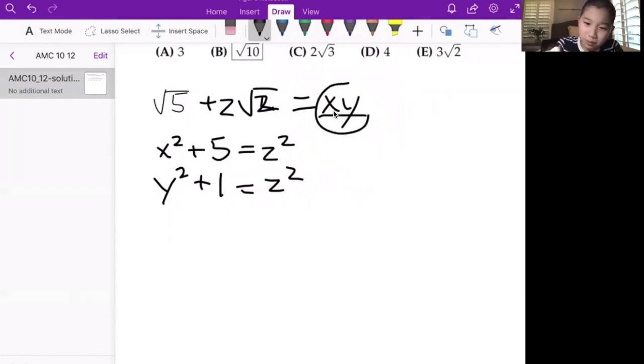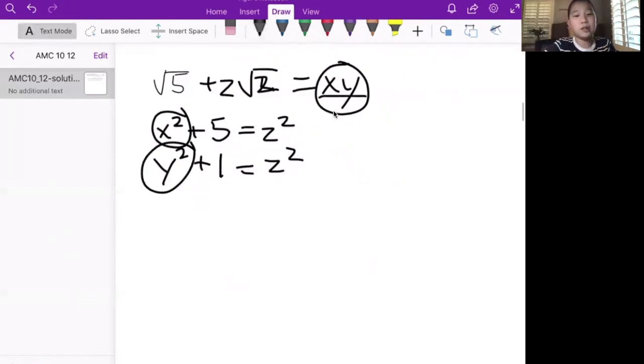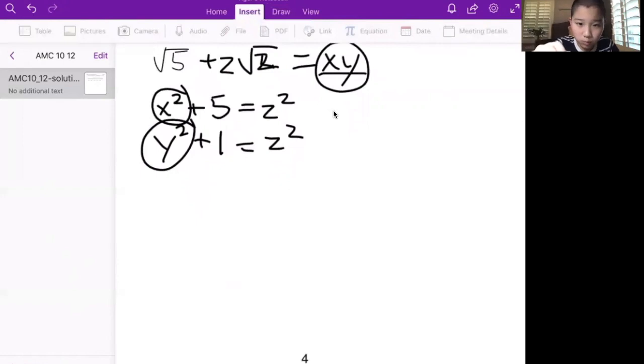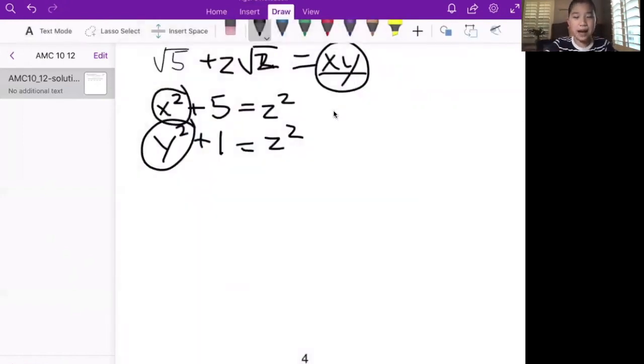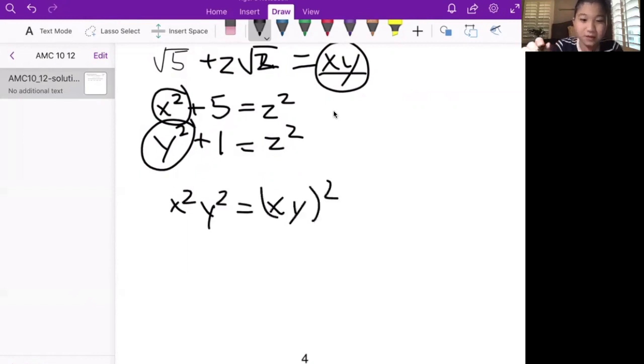Well, we see an xy and we see x squared and y squared. So can we somehow use that? Turns out we could. How? Question is how? So we want x squared and y squared to be multiplied, x squared times y squared, so that we can get this term, and that's equal to xy squared.